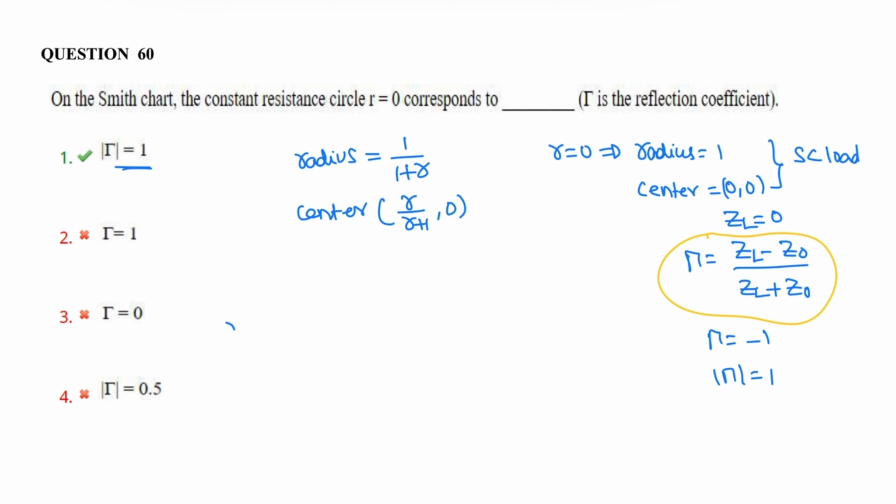Similarly, if r is equal to infinity, then radius is 1 by 1 plus infinity, that is 0. Center is infinity by 1 plus infinity, so that is also 0 comma 0. Take r common, then center will become 1 by 1, 1 comma 0.